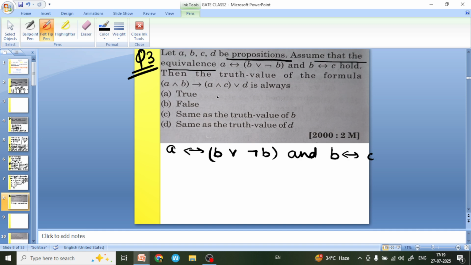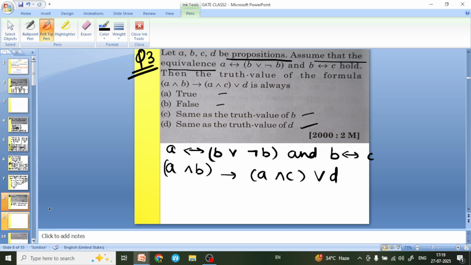Then we have to find the truth value of the formula A and B implies A and C or D. Is it always true, false, same as the truth value of B, or same as the truth value of D? We have to prove it.